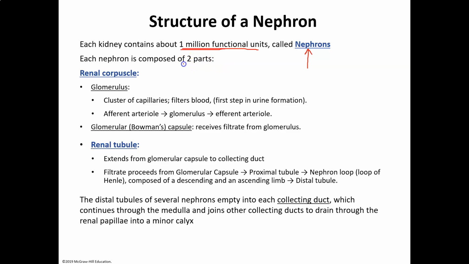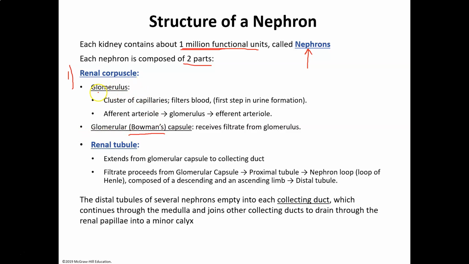Here's a nephron. A nephron is composed of two parts. I'm going to break this down when you see the picture coming up in the next few slides. Number one, renal corpuscle. The renal corpuscle is, you've already seen a glomerulus. Glomerulus is the tangled up blood vessels surrounded by a capsule, the renal capsule, which is also called Bowman's capsule.